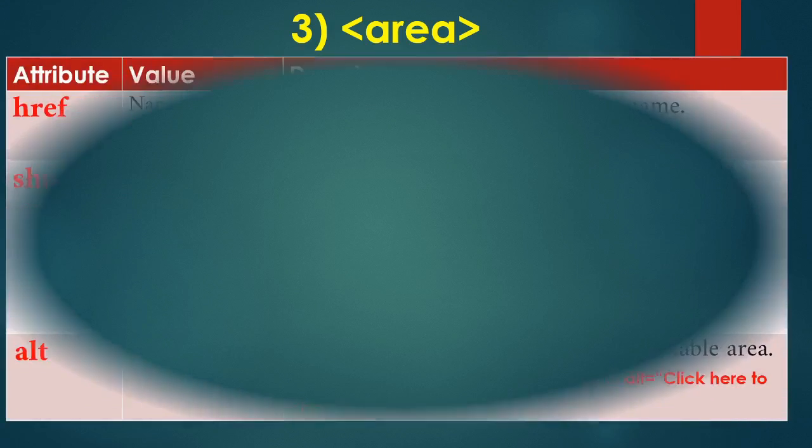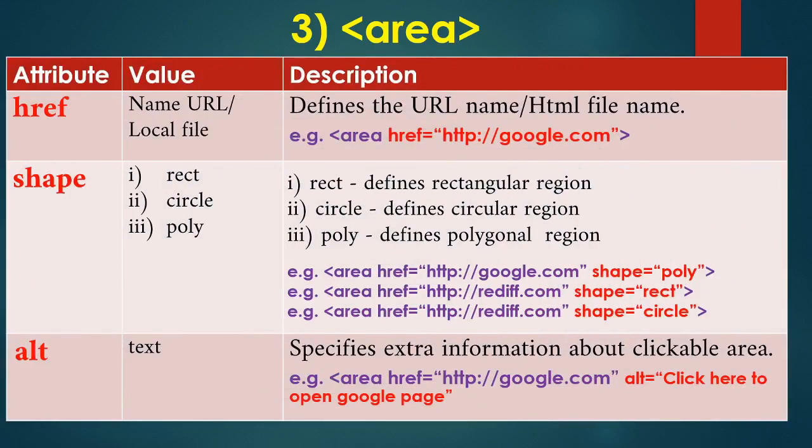Let's see the third important tag, that is the area tag. The first attribute is href and the value for this is the name of the URL or any local file. You can see here in the example, area href is equal to google.com. So whenever the user clicks on a particular region which I am going to define, the google.com website will get opened.